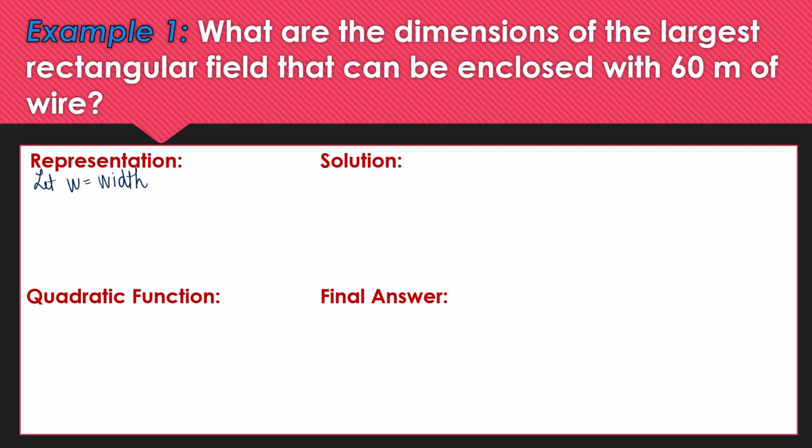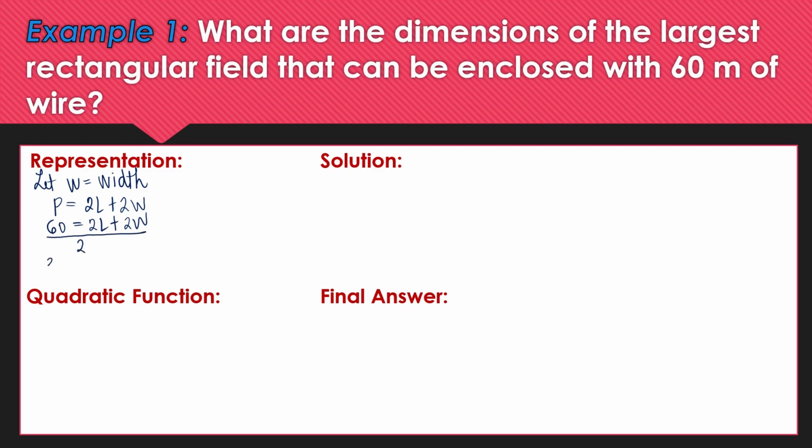To represent the length, we're going to use the perimeter, which is equal to 2L plus 2W, because the 60 meters of wire represents the perimeter, since it encloses the rectangular field. So perimeter 60 equals 2L plus 2W. Since all the terms are divisible by 2, let us divide the equation by 2.